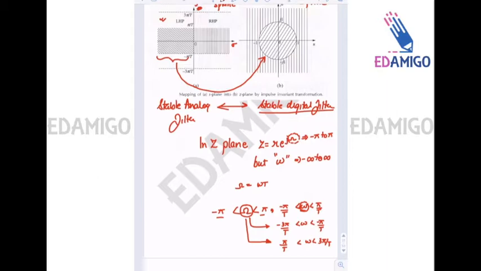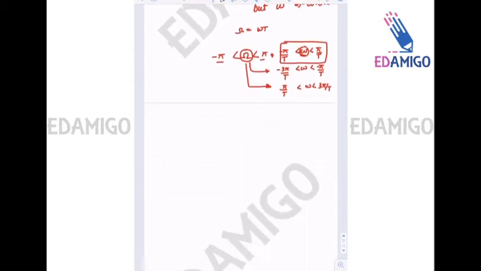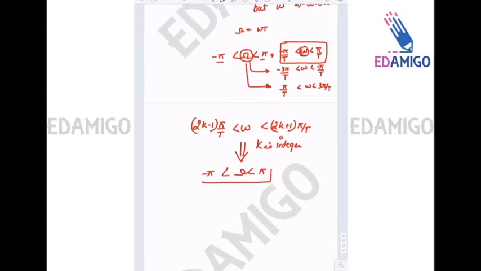So we can say that whenever omega is between 2k minus 1 pi by capital T to 2k plus 1 pi by capital T, where k is an integer, then this will correspond to digital frequency from minus pi to pi.